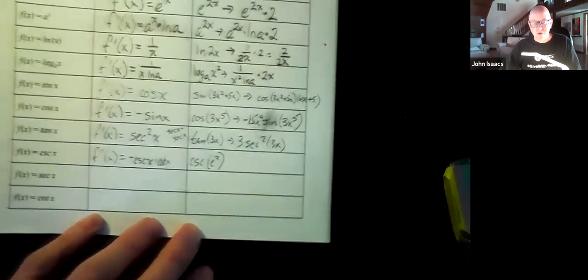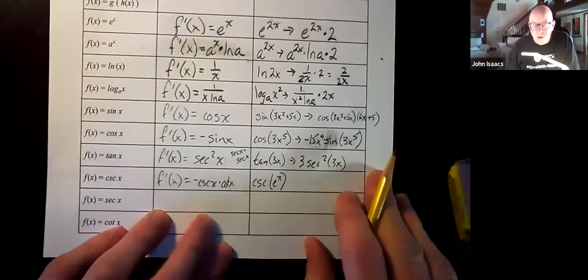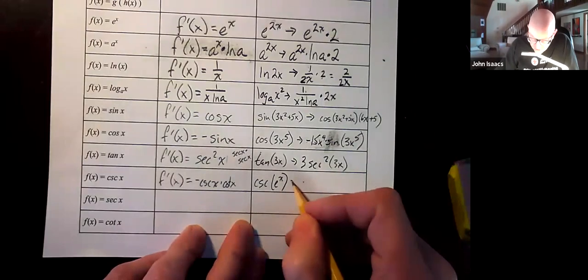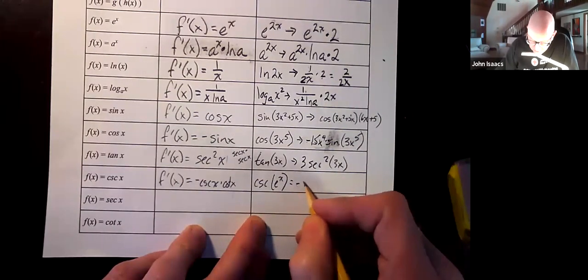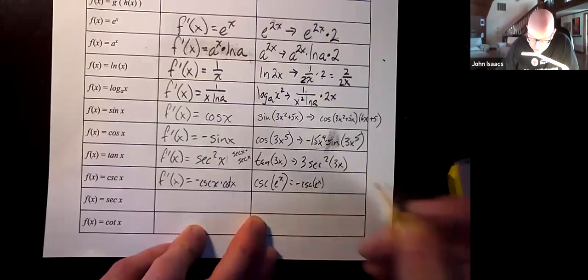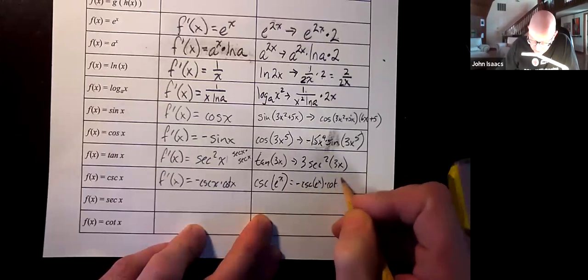I'm trying to avoid the seam in my table, it's making it hard to write on. So we start off with negative cosecant of e to the x, which would be a really weird function, but there's no reason you can't do it, times cotangent of e to the x.